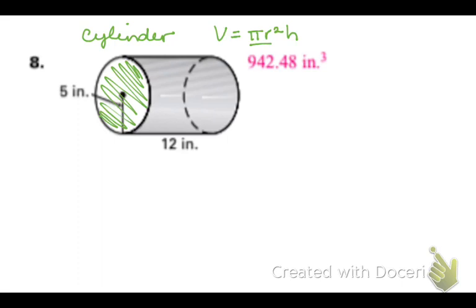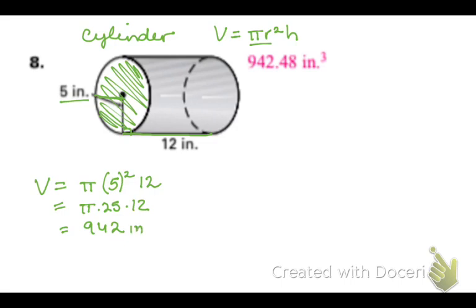Here I see that my radius is 5 inches. So I'll start filling in my formula here, pi times 5 squared. And remember my h is perpendicular to the base, so that would be my 12 inches. So it's going to be equal to pi times 25 times 12, which is equal to 942 inches cubed.